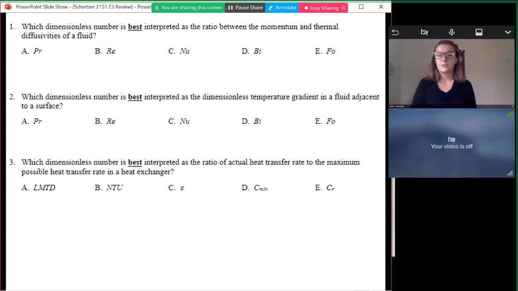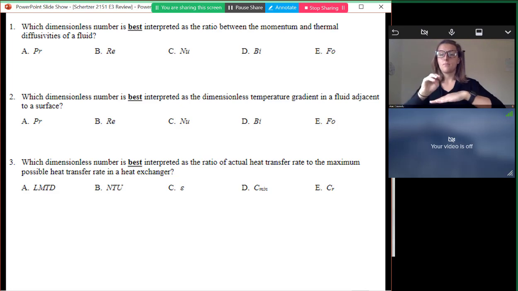Okay, we will begin the third practice exam. Again, I'd recommend going through these on your own, but sometimes it's helpful to look through it. Our first question on the multiple choice: which dimensionless number is best interpreted as the ratio between the momentum and thermal diffusivity of a fluid?